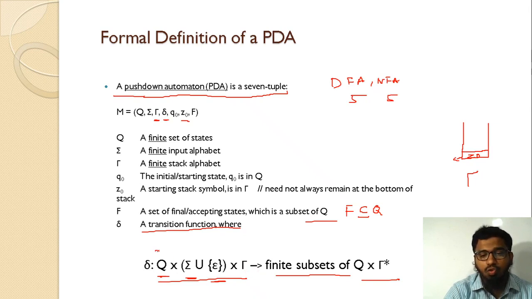This is called LHS, left hand side, and whatever we are getting, this Q cross tau star, is RHS, right hand side. So this is about the pushdown automata formal definition. I hope you understand this.